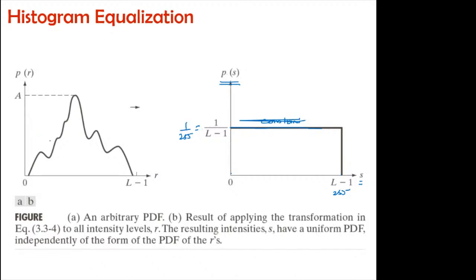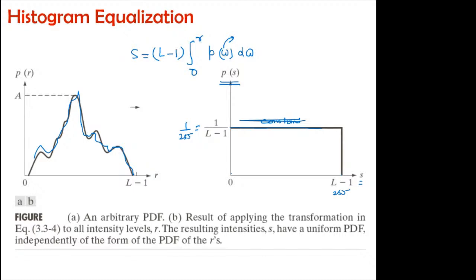Initially, in the original image, the probability of occurrence of an intensity value was arbitrary. You can see that this is arbitrary. But after you choose s equal to L minus 1 times the integration from 0 to r of pw dw, where w is a dummy variable, when you put the limits, w will not remain there.